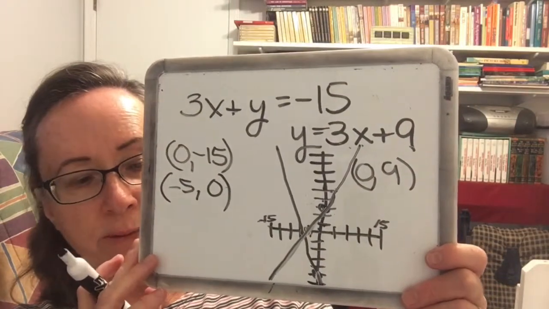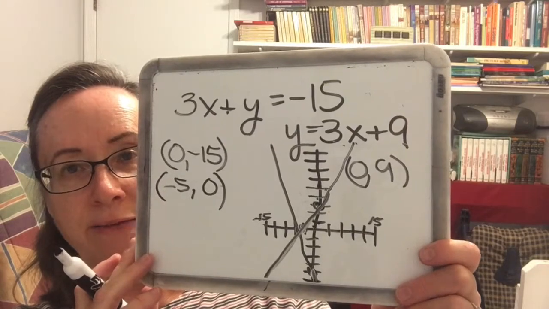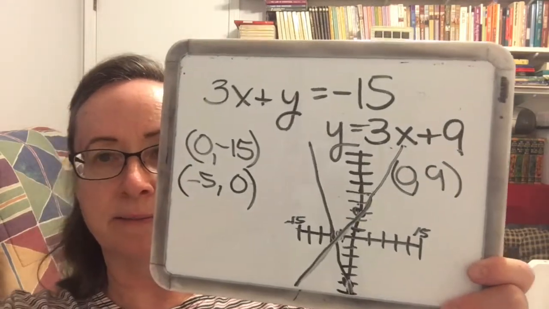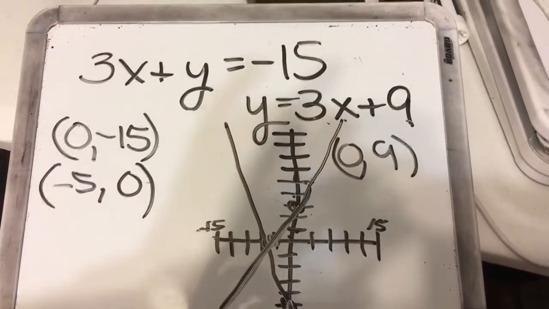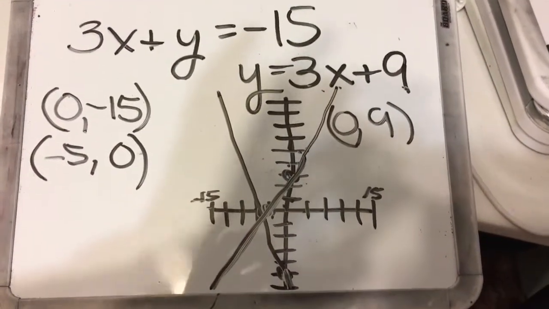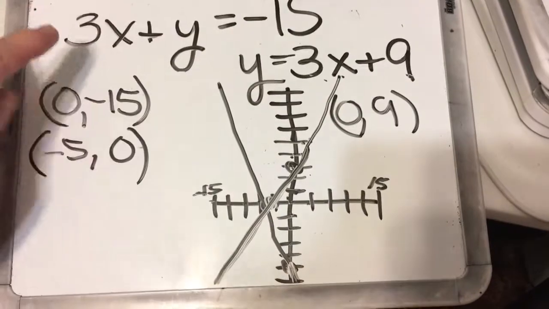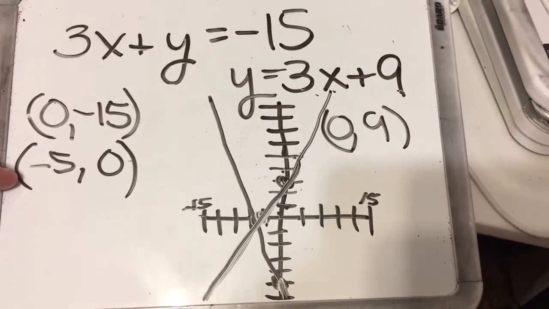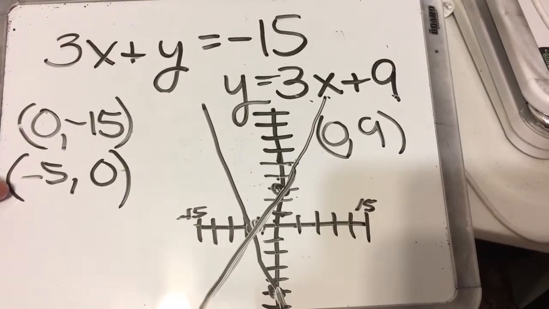All right, so now I'm going to look at the graphs that they give me over here on the screen. Okay, so first let's look at ours. We are crossing the axes at 0, negative 15, and negative 5, 0 on one of the lines.